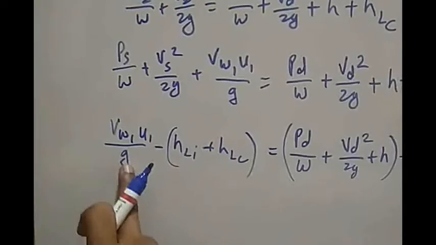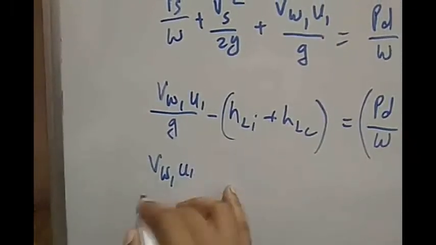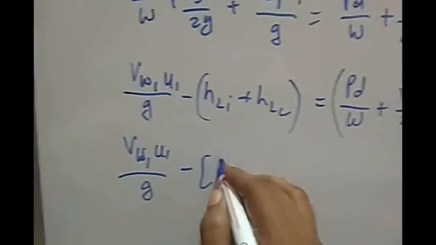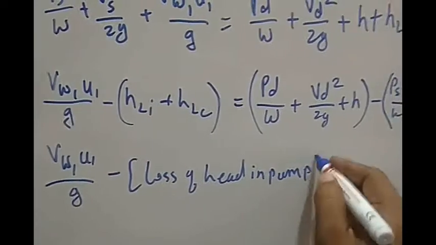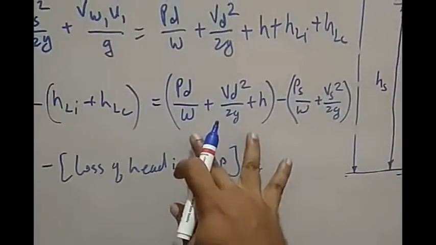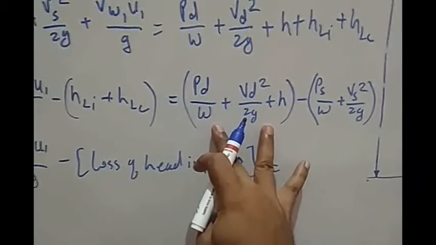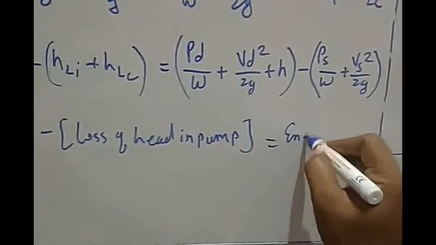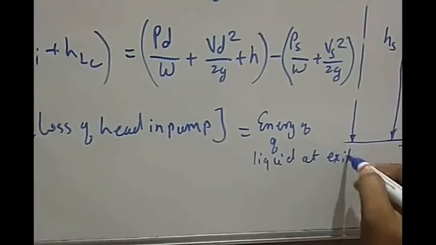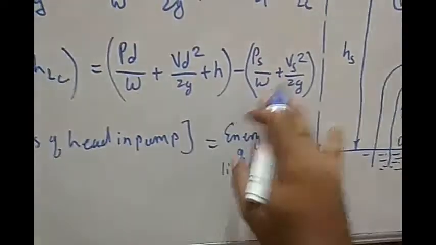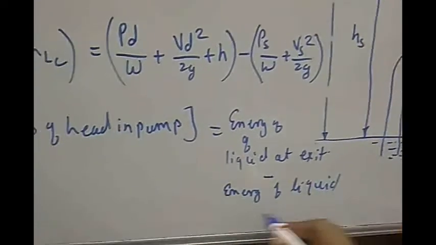Now Vw1 U1 by g minus the loss of head in the pump is equal to the energy of the liquid at exit minus the energy of the liquid at inlet.